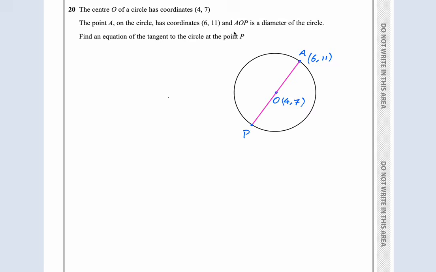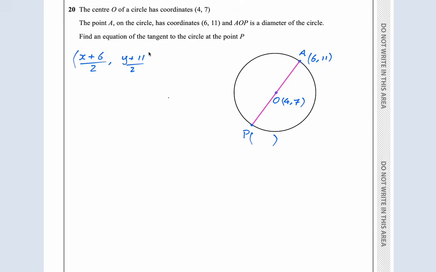Okay, I think I can do this, guys. So first, let's find this point P. I can do it because O is definitely the midpoint of A and P. So the midpoint means, let's call this x and y, which means (x plus 6) over 2, that's my x1 plus x2 over 2, comma (y plus 11) over 2.